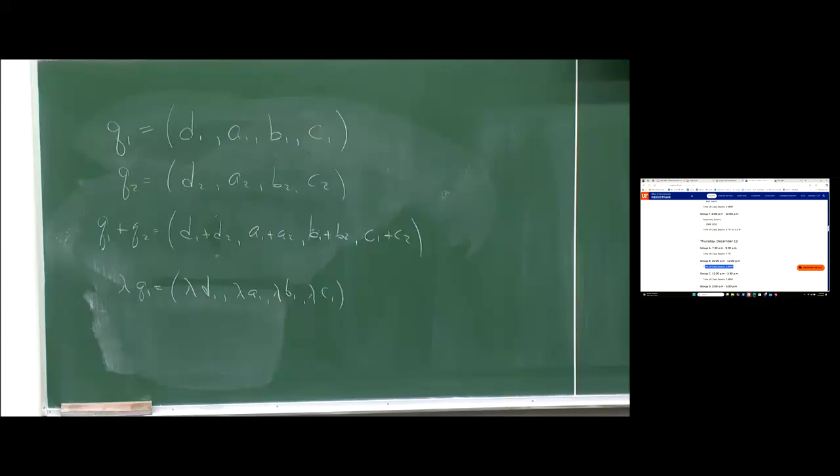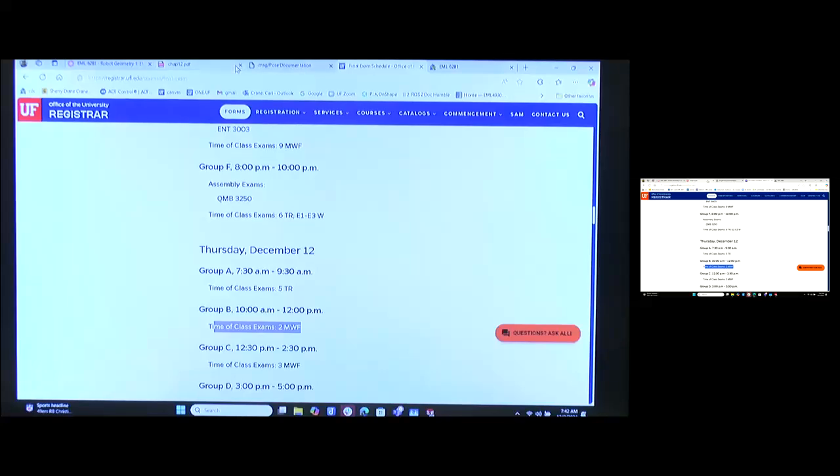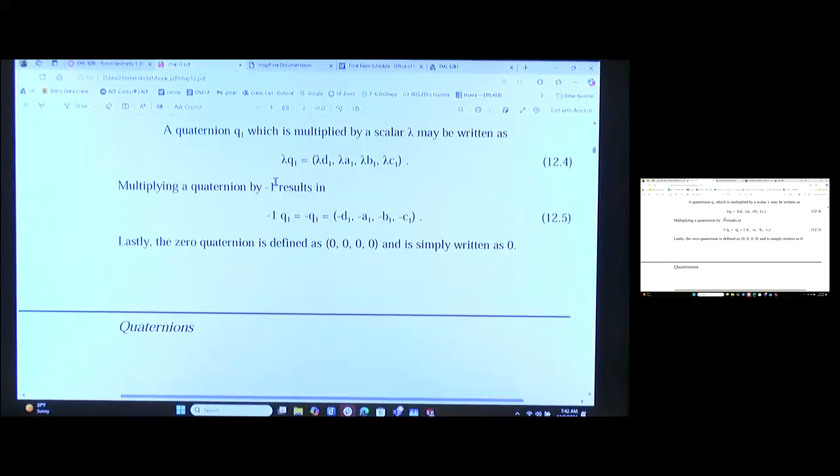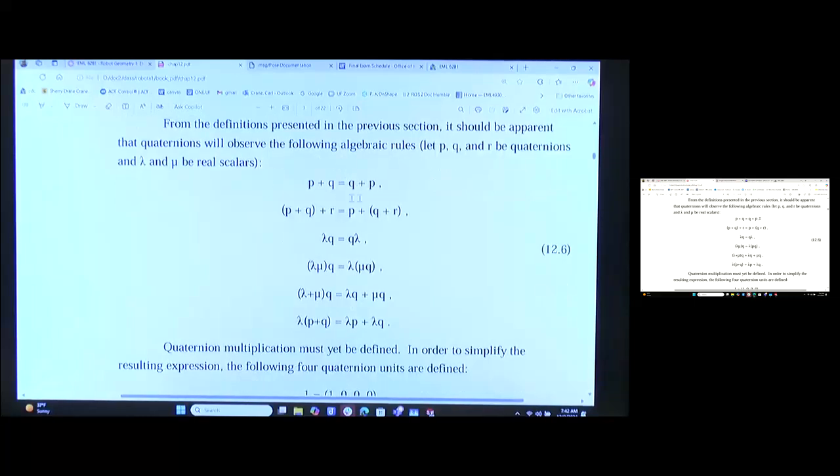So now we're going to look at a couple of ones where I think I'm going to put these on the screen instead of writing these all on the board. There's some other quaternion algebra stuff that's kind of obvious, I guess. So here we go, this section right in here. Based on our definition for addition, it doesn't matter about the order. P and Q are quaternions, and in this case, lambda and mu are scalars.